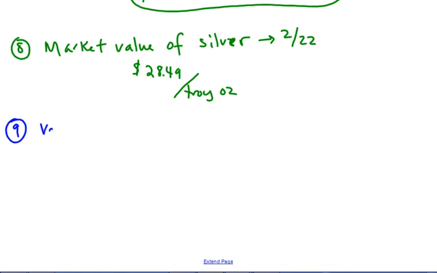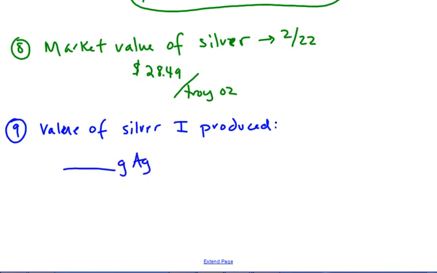Number 9, we are going to figure out the value of the silver that you produced. To do this, you have to start with the mass of the silver that you produced. The mass of the silver that you produced came from your answer in number 5.